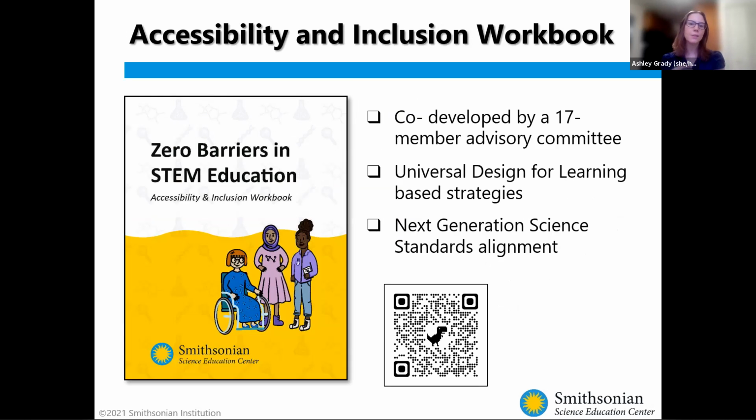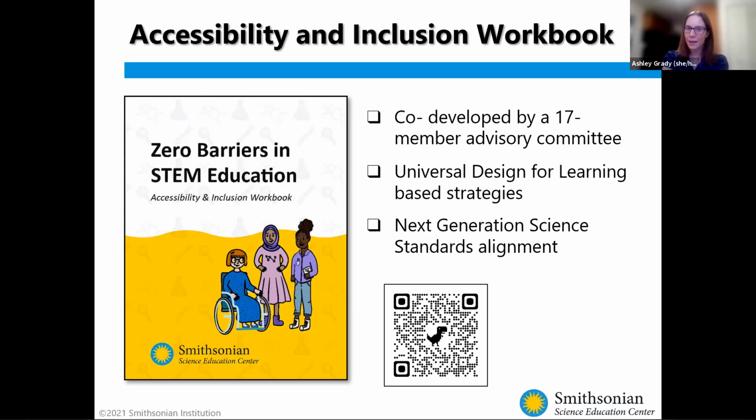It has bookmarks, great reading order, and alt text for all images, and it can be used by screen readers. We wanted to create a document that was actually going to be functional for teachers and could help them incorporate the principles and ideas behind the Zero Barriers initiatives in their classroom.